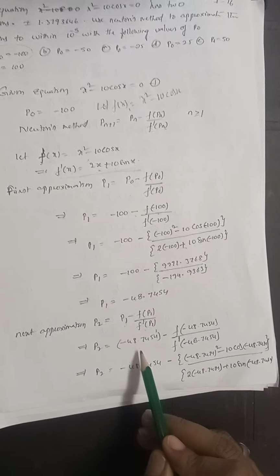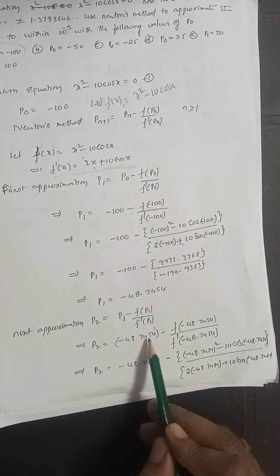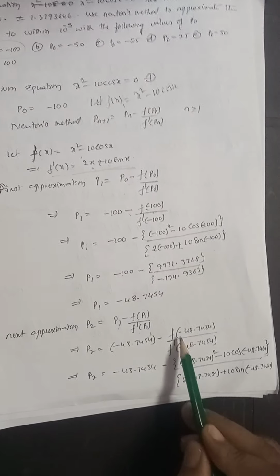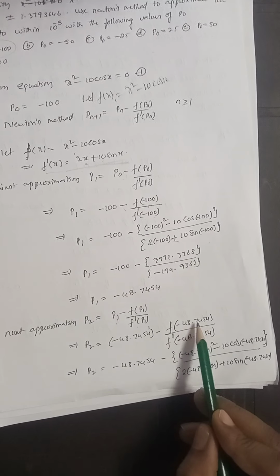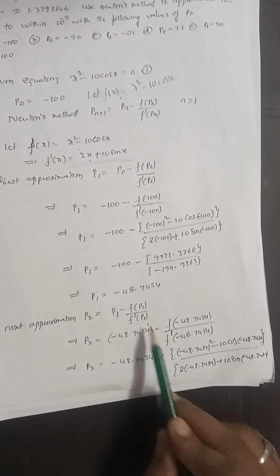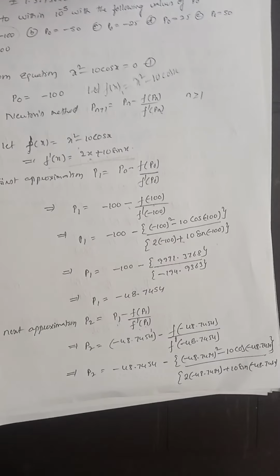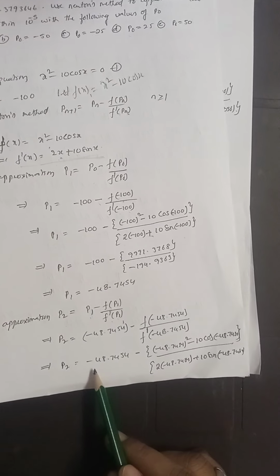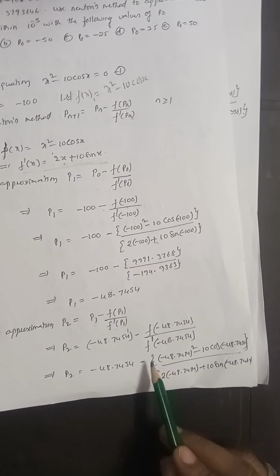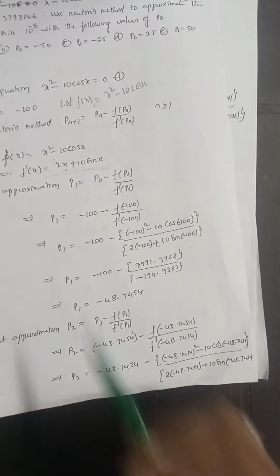Now we know p1 value minus 48.7454, minus sign as it is, right. f of p1 value is minus 48.7454 by f dash of p1. p1 value is minus 48.7454. We are substituting here. Now p2 is equal to minus 48.7454 minus brackets begin. We know f of x. f of x is x square minus 10 cos x.